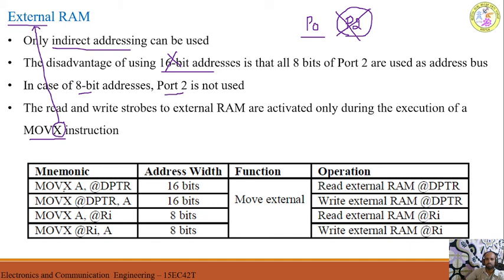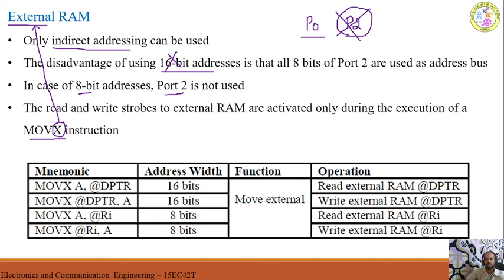And these are some of the mnemonics we have. MOVX A, @DPTR. It means go to the memory location pointed to by the DPTR, because @ is used. Take the content of DPTR, treat it as an address, go to that address and copy the data into the accumulator, and that memory location must be an external memory location because of this X. Similarly, we transfer the data from the accumulator to the external memory location pointed to by DPTR.